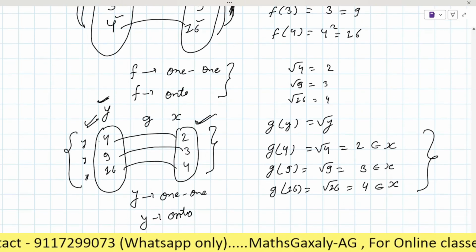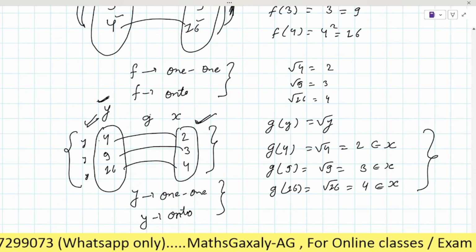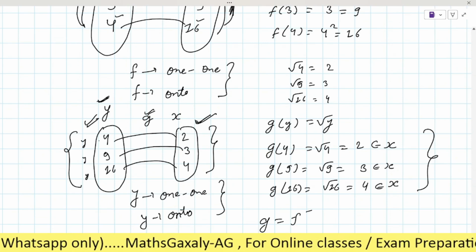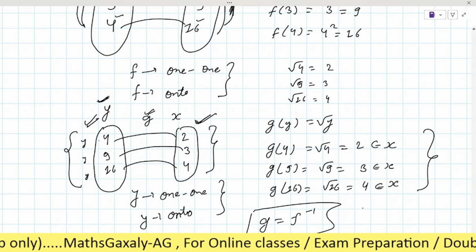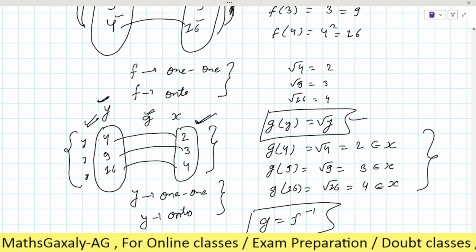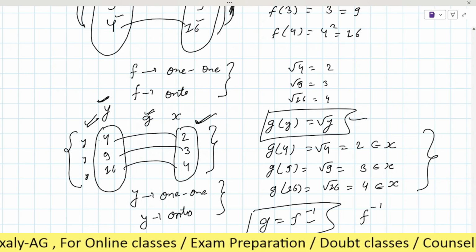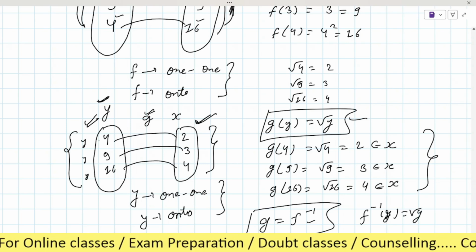So as you can see now, this function g is f inverse. Is it clear? So we can say that in the place of g, we will put f inverse. So f inverse of y will be root under y.